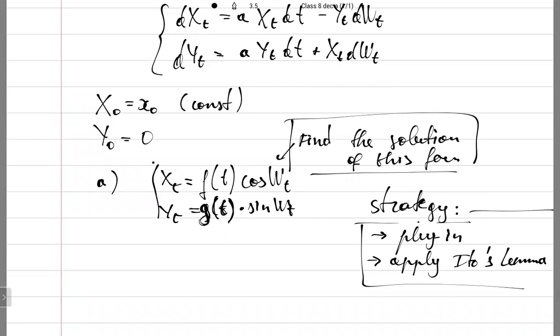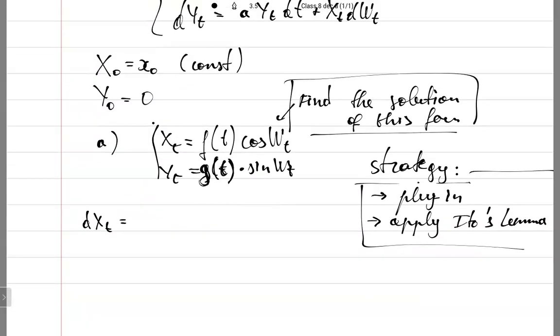So according to Ito's lemma, what is dx_t? Let's recall it.